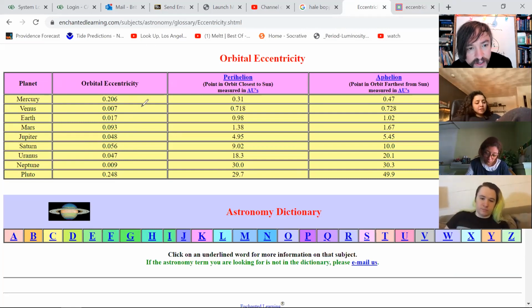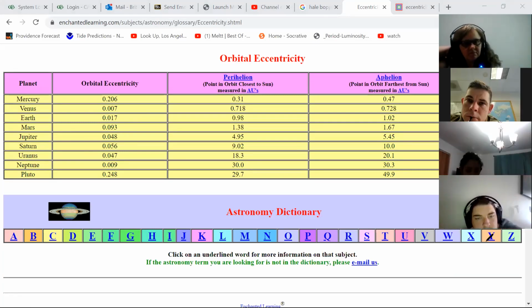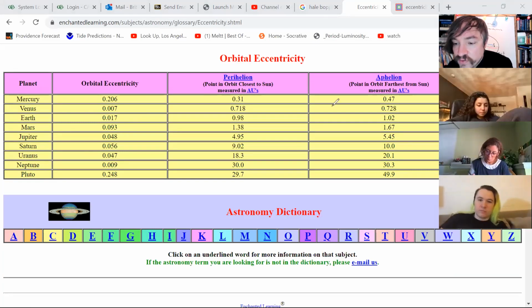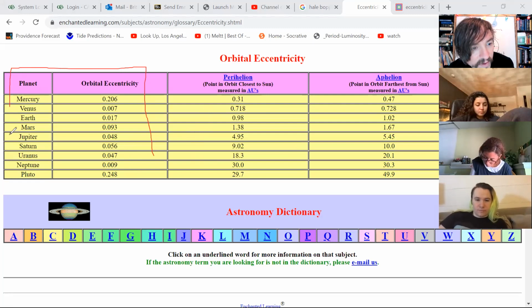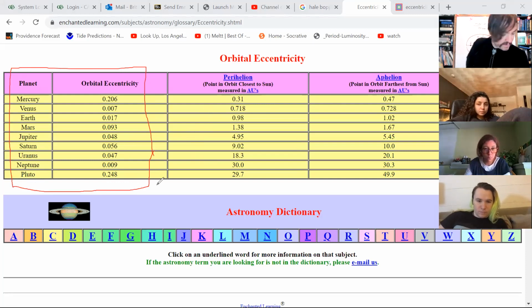Part of learning to think like a scientist is being able to look at a table of numbers and draw some conclusion about it. Let's see if any of you guys are good at that. What do you notice about the orbital eccentricities of the planets that you see here? Can you come up with any takeaway conclusions?